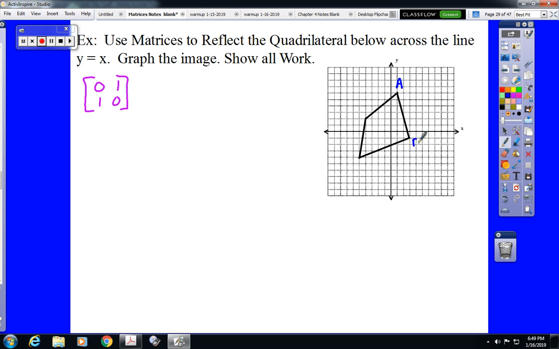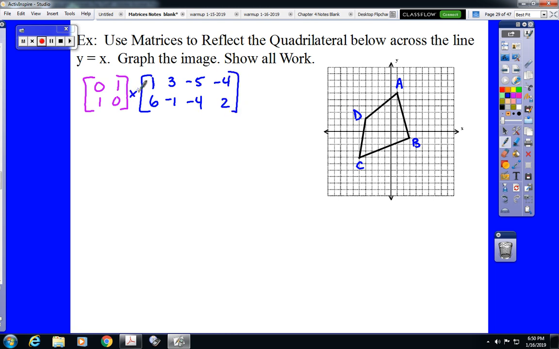So again, we just need to name these 4 points and write them as a matrix. A is at the point 1, 6. B is at the point 3, -1. C is at the point -5, -4. And D is at the point -4, 2.